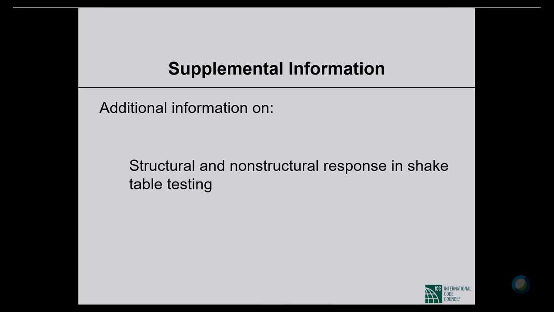up until a point in time, at least I didn't detect a lot of unhappiness over the fact that a code design structure is expected to undergo damage in the so-called design earthquake, which is 2/3 of the maximum considered earthquake. It has largely been considered acceptable, although not widely understood.